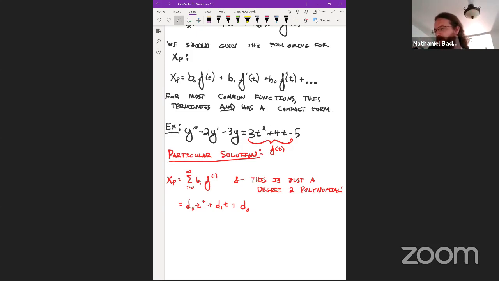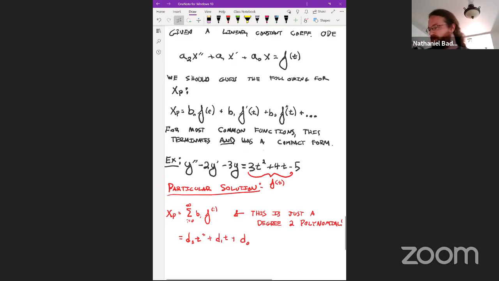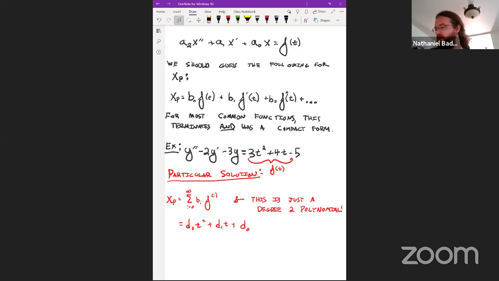Although, to be clear, it's not really a guess anymore, right? This is a pretty highly educated guess. It is a guess in a certain sense, in that there's a slim possibility that it couldn't work out, but the particular solution should take this form, basically by our considerations when we constructed this series here. Any questions?